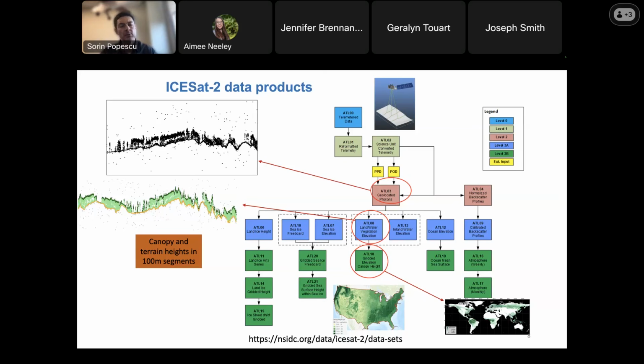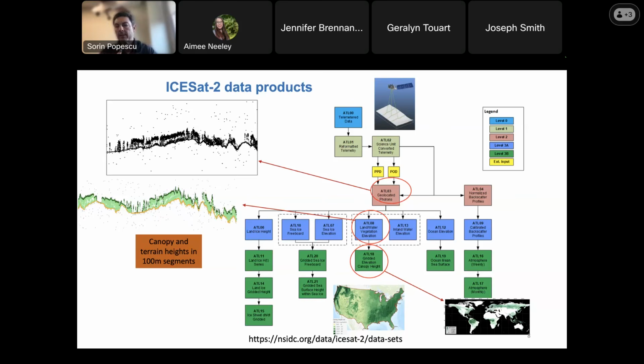And in addition to just photon classes, this product actually reports photon metrics in 100-meter fixed segments. So we get to see a distribution of photons with various statistics per 100-meter segment, which is very useful for relating photons and vegetation three-dimensional structure to other biophysical parameters.